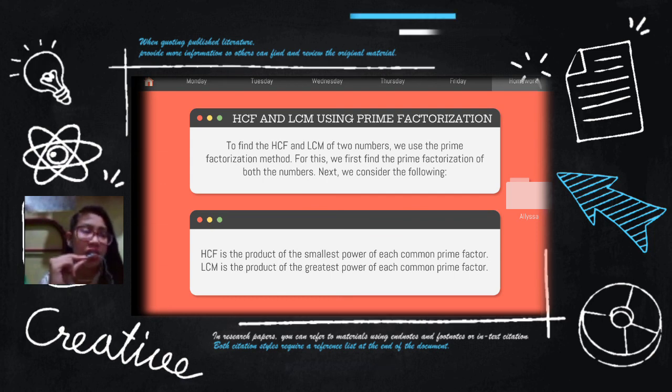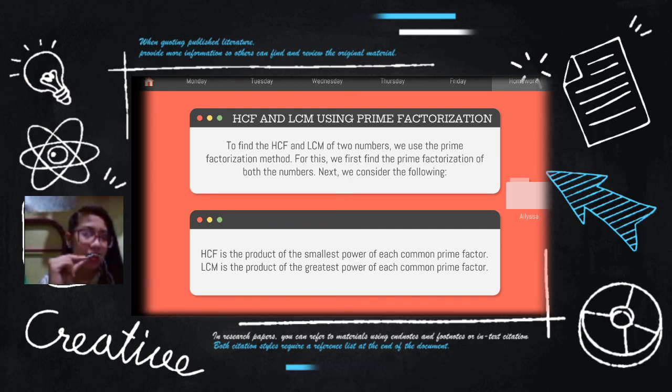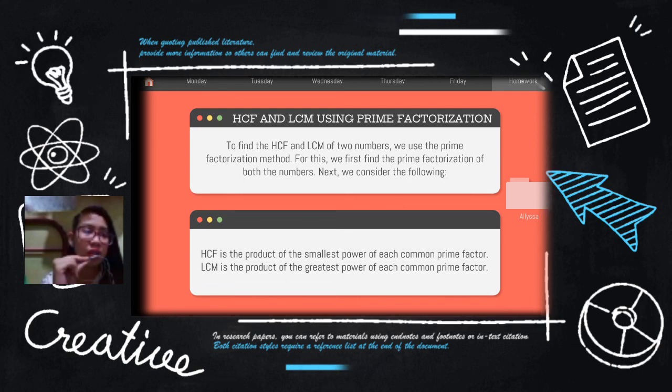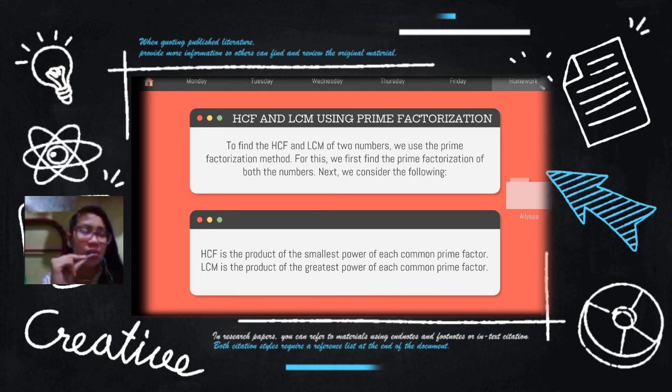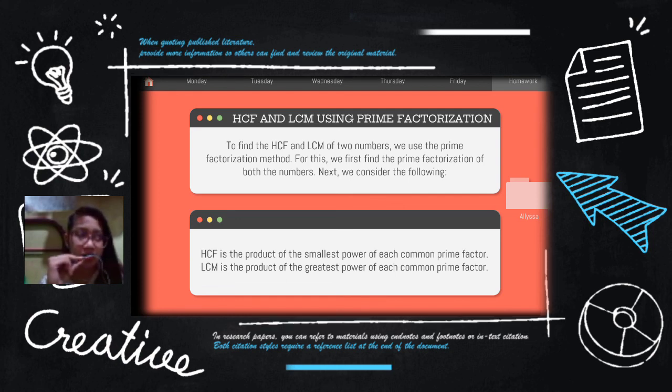And as for the HCF, it stands for the highest common factor. The highest common factor of two numbers is the highest possible number which divides both the numbers completely. The HCF of two numbers can be found out by first finding out the prime factors of the numbers.